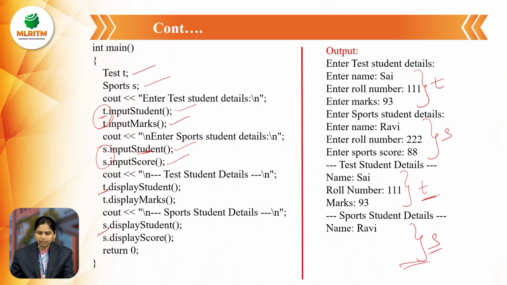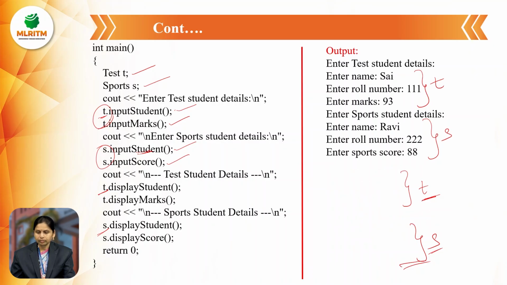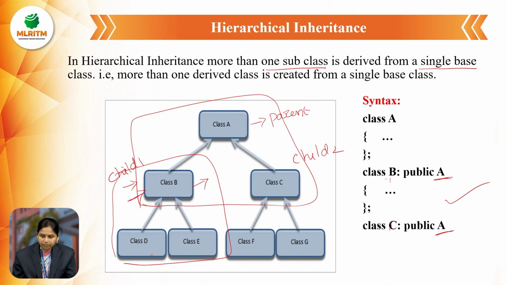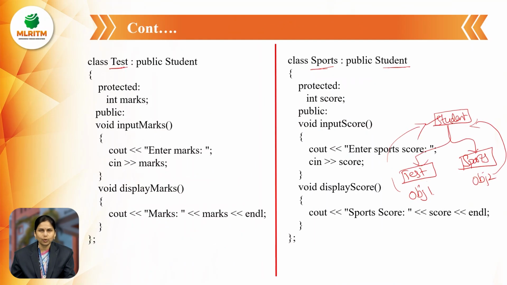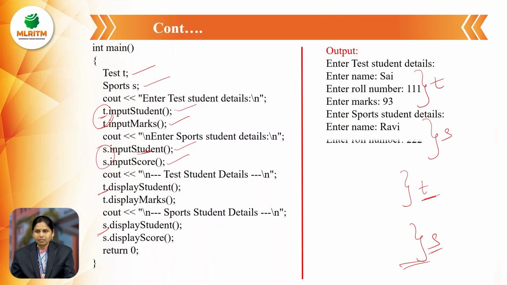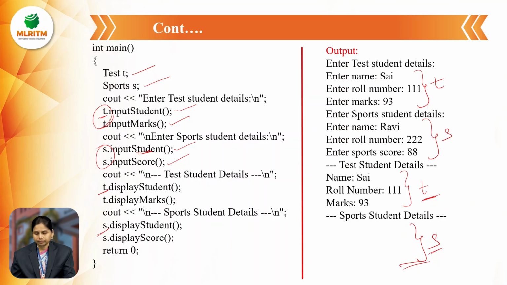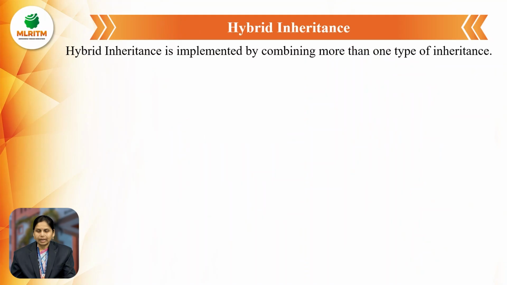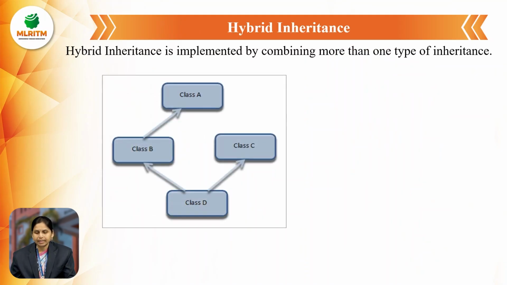So, if you observe, if we know this figure perfectly, we can easily write the syntax and we can easily frame the program also. In types of inheritance, these figures are very, very important. The last one is hybrid inheritance.